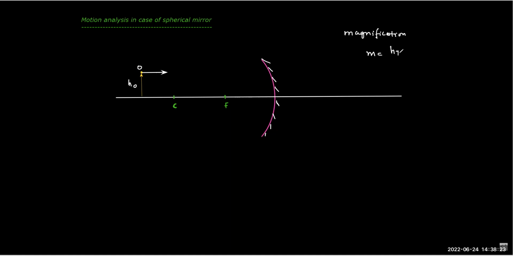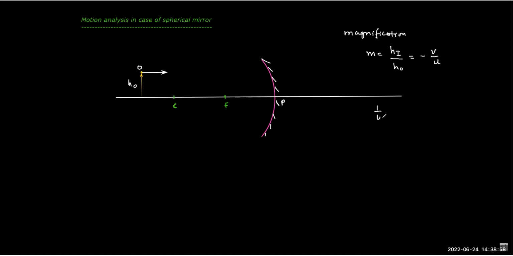So we can say hi, which we don't know as of now, upon ho, and this we can write as minus v by u, if you remember. So we'll try to understand what the magnification means. It means, if the object distance is, let's say, ho, then what will be the image distance from the principal axis? And it turns out that it depends on the image position and object position with respect to the pole of the mirror.